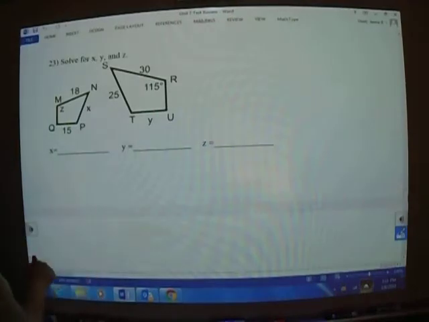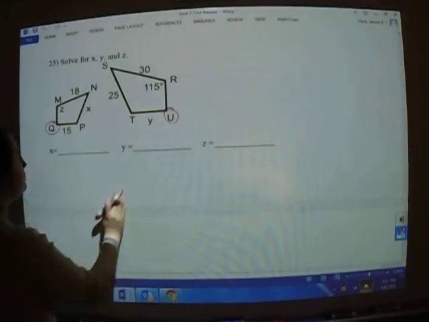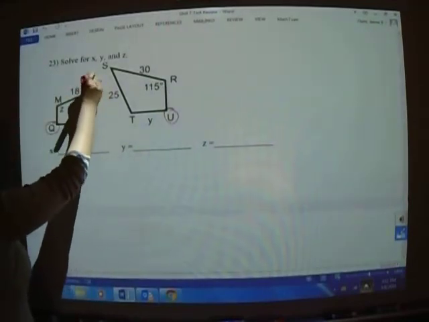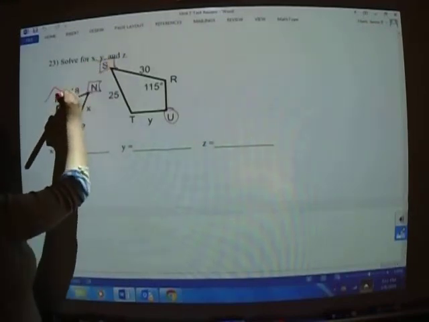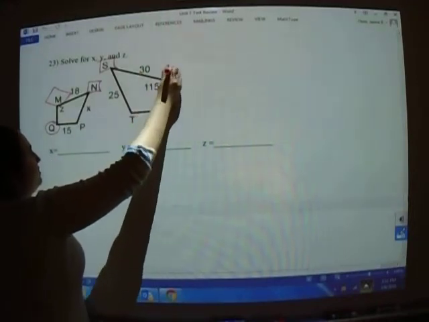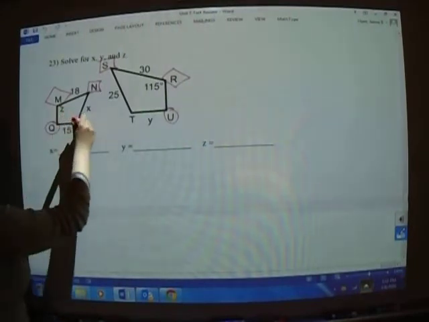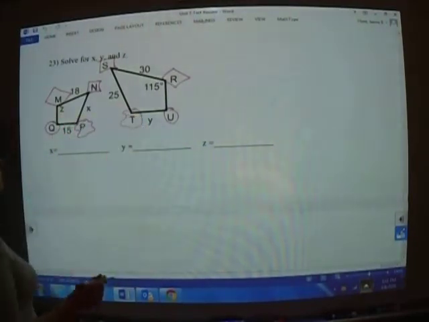So U and Q are similar, right? We can tell this by the shape. N and S are similar. M and R are similar, sorry, that's supposed to be a diamond. M and R are similar, and P and T are similar, okay?